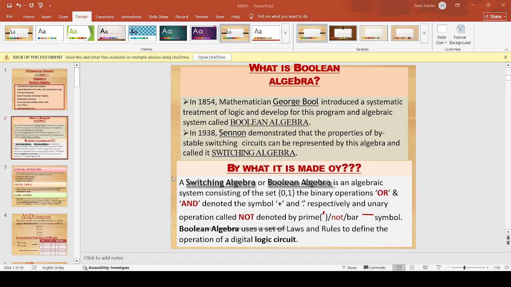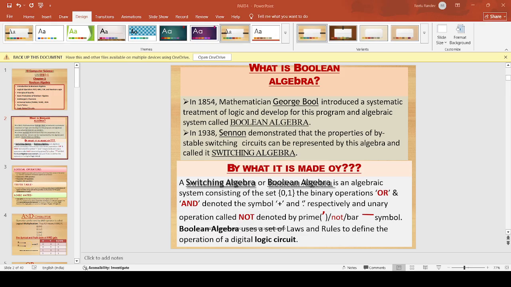For example, if x dot y is equal to 1, then its dual will be x plus y is equal to 0, because dot has been replaced by plus and 1 is replaced by 0. The relation derived using the duality principle is called the dual of the original expression.